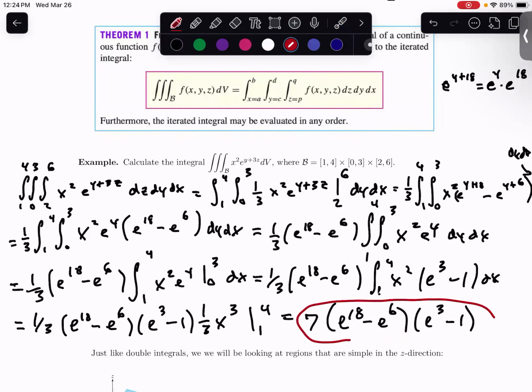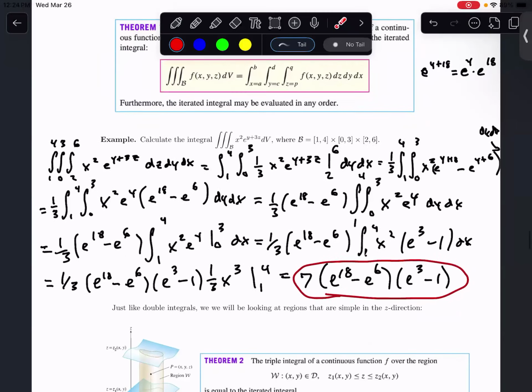So you can see, conceptually, this shouldn't have been too bad, right? It's just a bunch of integrals you know how to do, but there's a lot of busy work, because you're just doing 3 integrals at the end of the day. One alone can be a lot of work, so now you have to do 3 in a row. Which is why no one likes triple integrals, but unfortunately you have to know them.